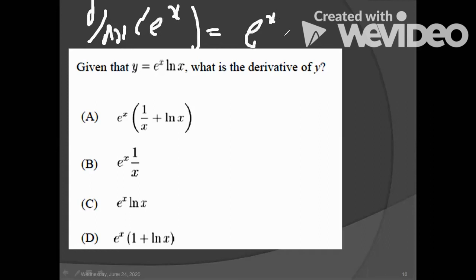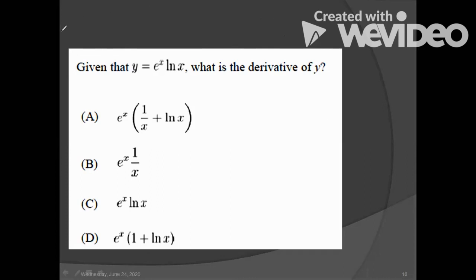Let me try to explain what's happening here with another example. Suppose we have d/dx of e to the 3x squared.